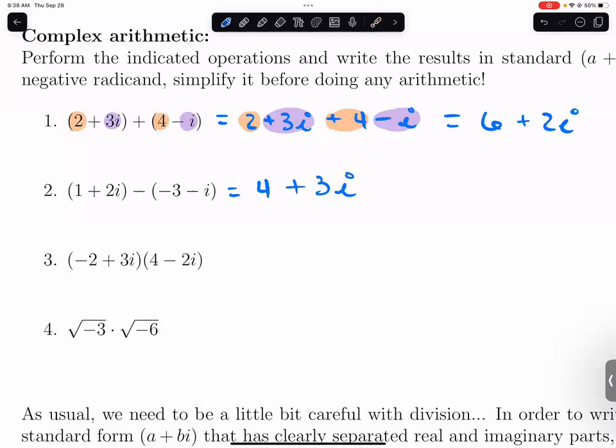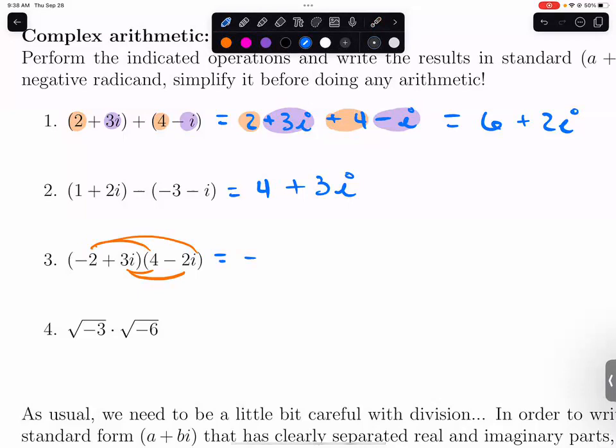So -2 times 4, and then the outer part, -2 times -2i, so plus 4i, plus 12i minus 6i squared.